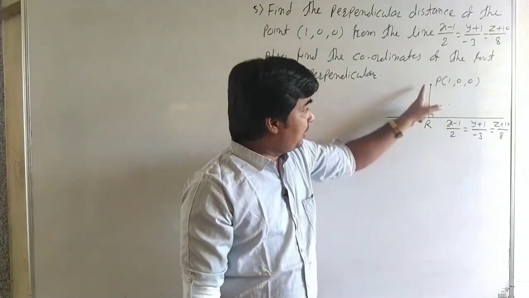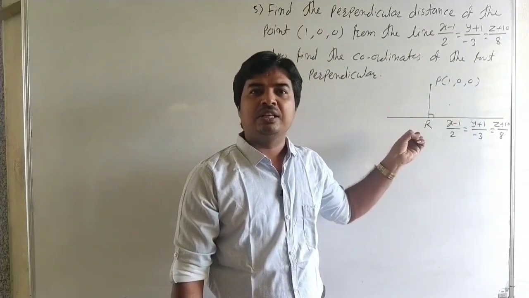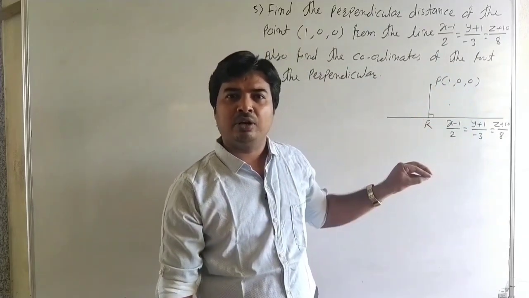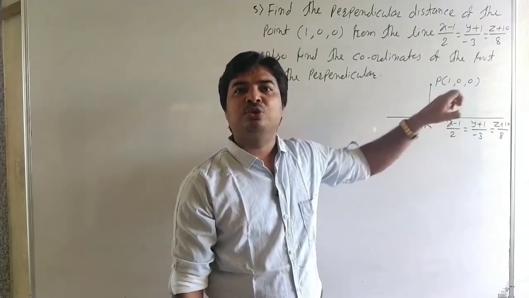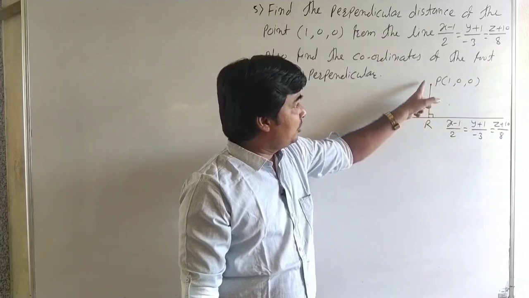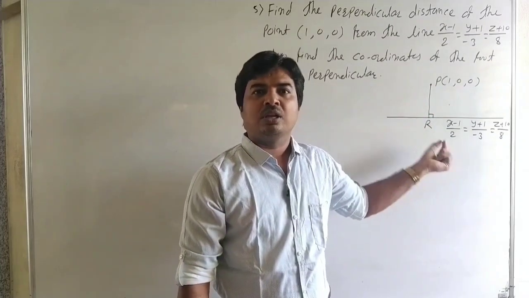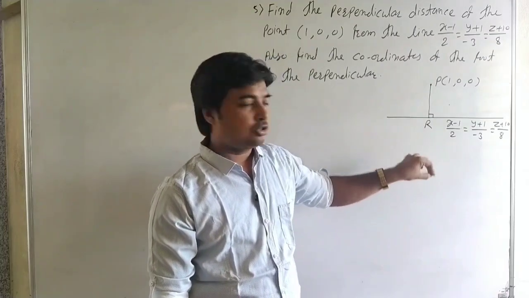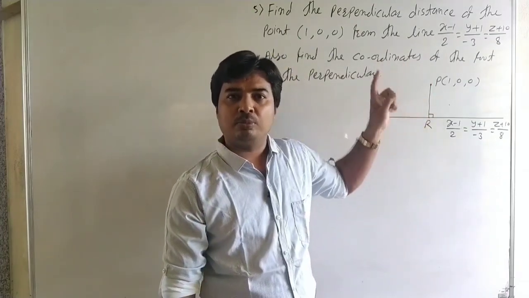Since PR and this line are perpendicular, we know the relation between direction ratios of perpendicular lines: A1A2 plus B1B2 plus C1C2 is equal to 0. Using this relation we find the coordinates of the point R, and then the distance between the two points, that is the length of perpendicular.